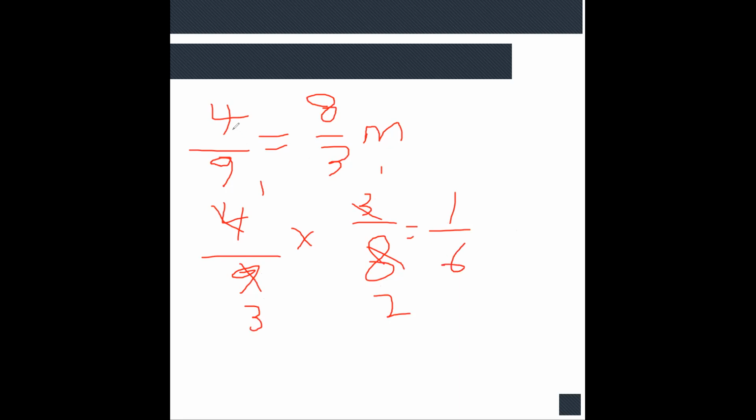You get m is equal to 1/6, or 1/6 equal m.